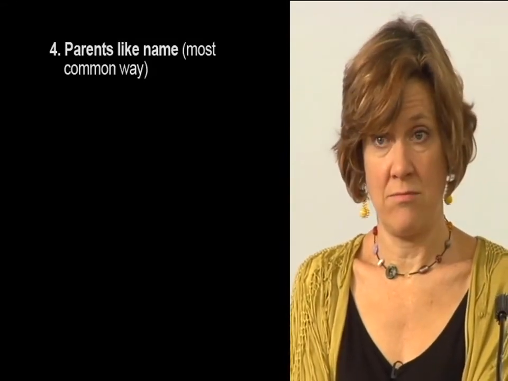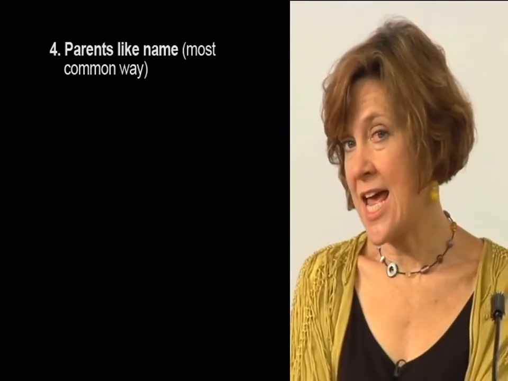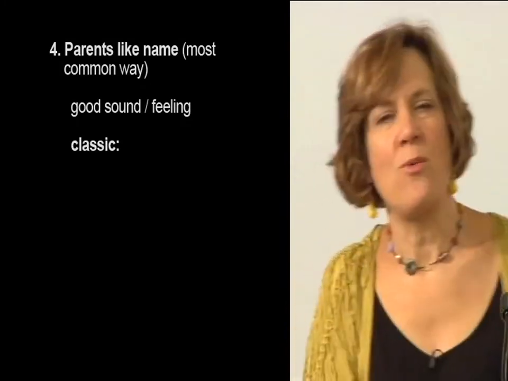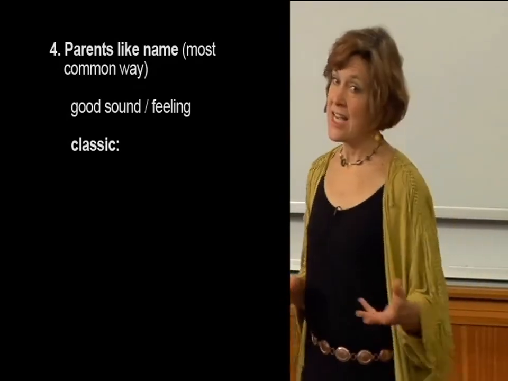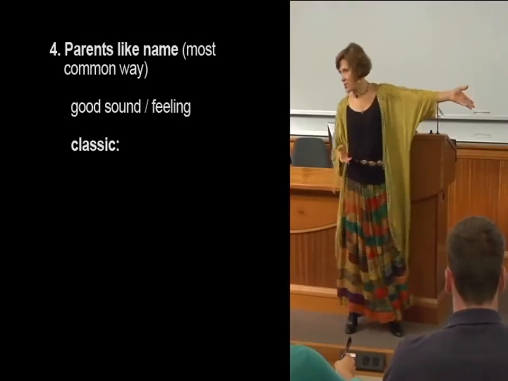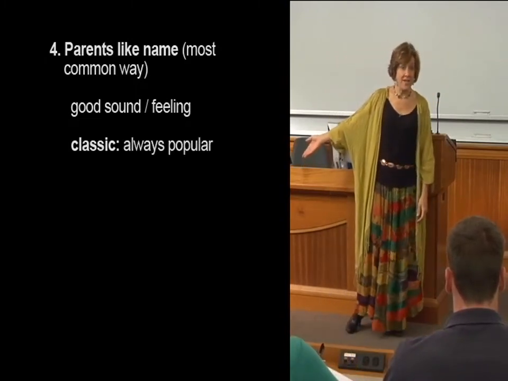The fourth and most common way parents choose a name is simple. It's because they like it. They like the sound or the feeling it has, or it's a classic name. Now, what qualifies as classic? Well, classic means the name never goes out of style. It's a name that was popular in 1900, 1980, and it's still popular today.